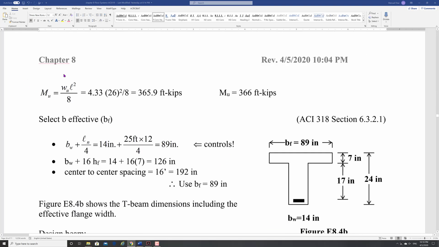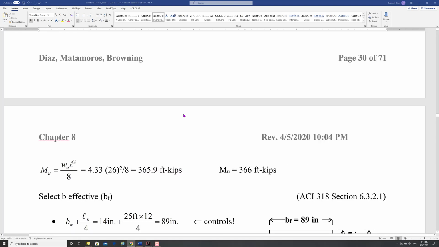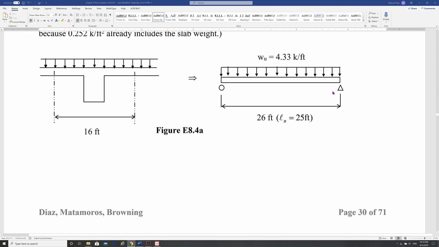And we find our moment, right? WL squared over 8. So for those that like to copy step by step without thinking what you're doing, this equation right here is only valid for this case. It is not valid for your project. Your project, you have to use the ACI coefficients. Okay.